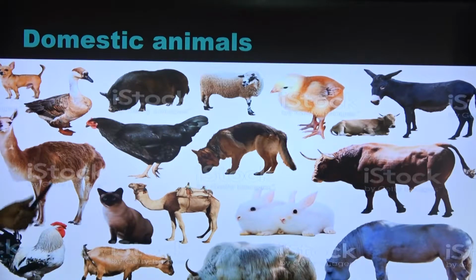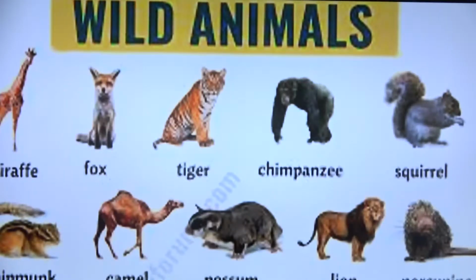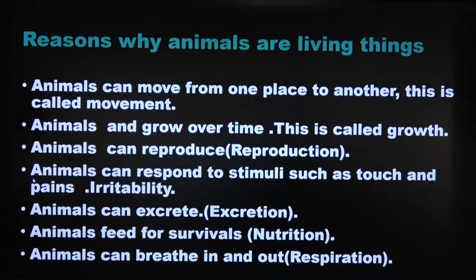For example, dog, goats, sheep, duck, cow. All of them are domestic animals. Wild animals: we have the fox, tiger, chimpanzee, squirrel, lion, camel, giraffe, and so on.